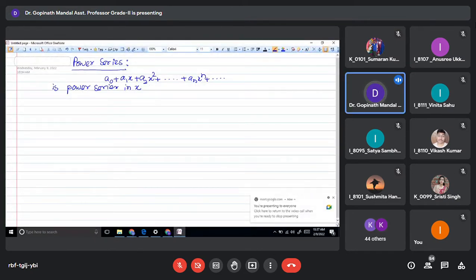So this is a power series in x, where the a's, that means the ai, are independent of x.